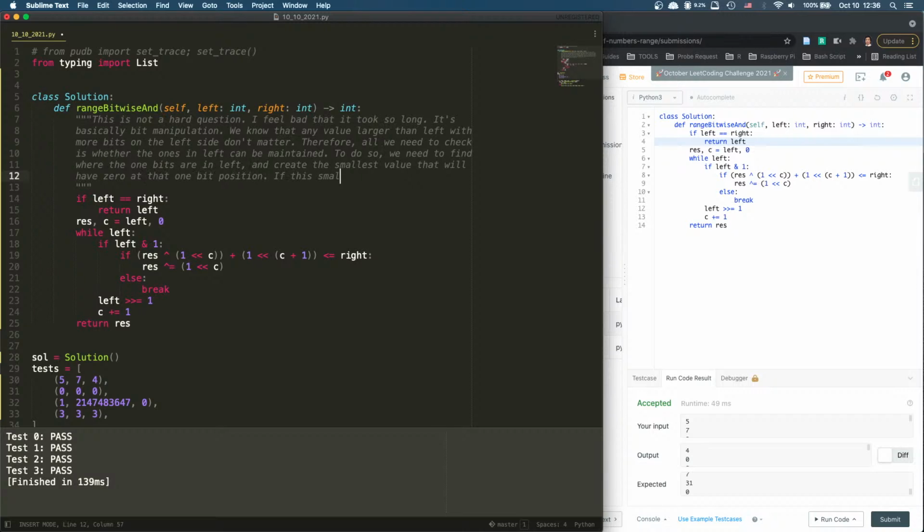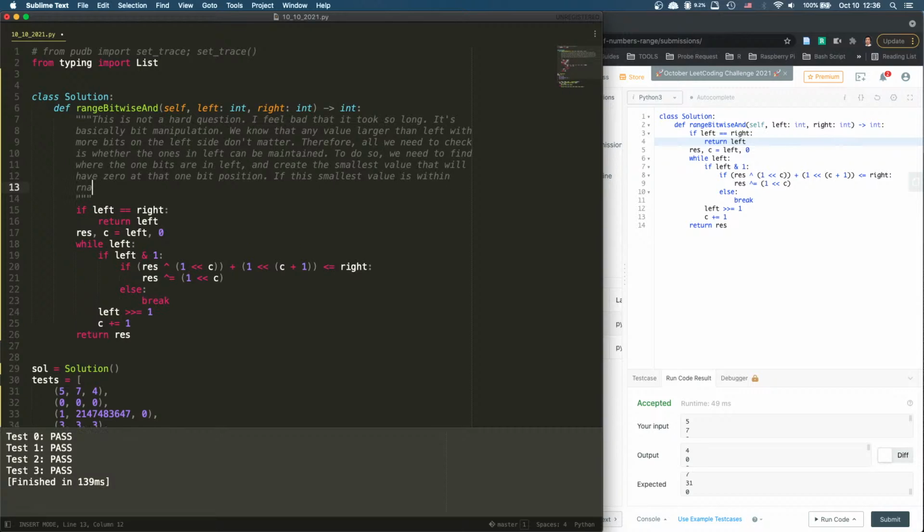If this smallest value is within range, then we know the 1 bit in left cannot be maintained.